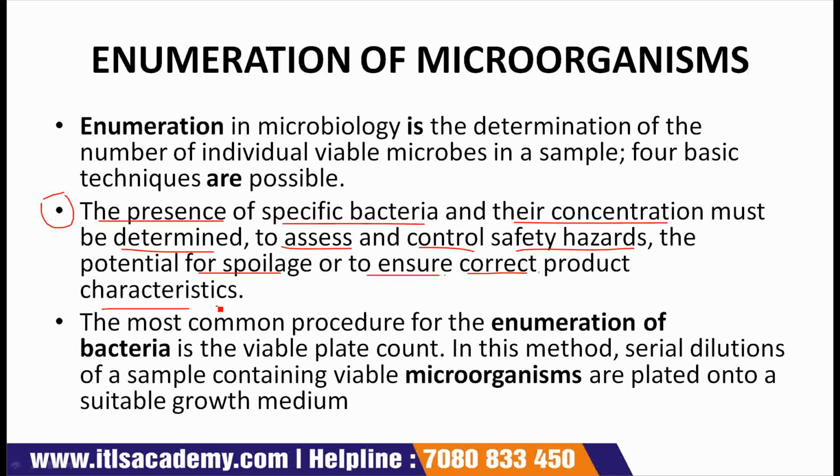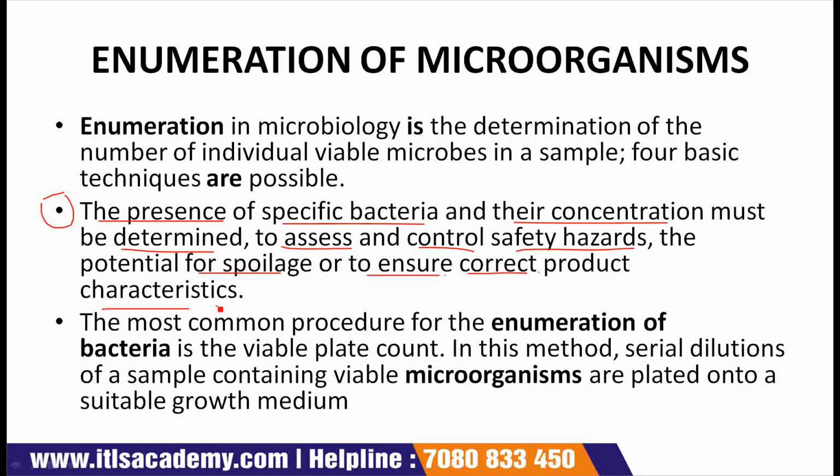Microbial growth is essentially synonymous with microbial reproduction. As we know, microorganisms grow by the process of cell division and they reproduce also by the process of cell division. So growth and reproduction are synonymous in the case of microorganisms.